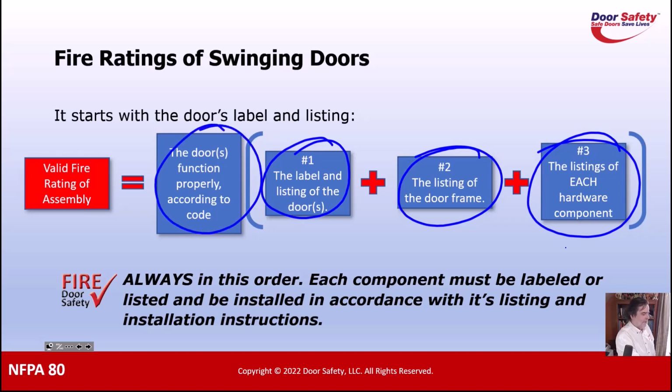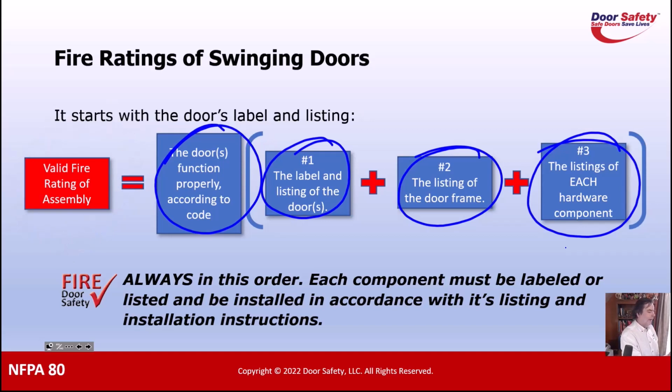It has to function as a fire door assembly. And only then do we have a valid fire rated door. Any of these elements, if they fail, if they're not working, if they're not what they need to be, we don't have a valid fire rating.